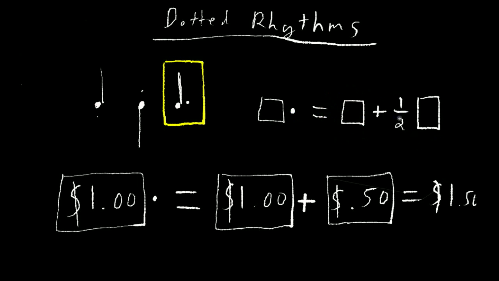So we had this example down here, and I think you can see it. I have $1, but I put a rhythmic value dot next to that dollar. Then what I get is my original dollar, but I add to it 50 cents because that's 1/2 of my original dollar.